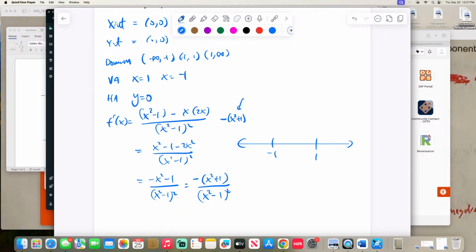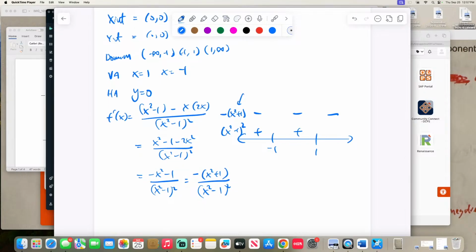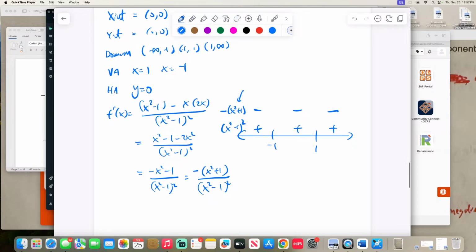And then times the negative, so the whole expression is negative. Does that make sense? And x squared minus 1 all squared, if something is always squared, it doesn't matter what you plug in, it's always positive. So you actually, for once, have everything decreasing. You can have a function that's always decreasing like this, which is kind of rare, but it happens.